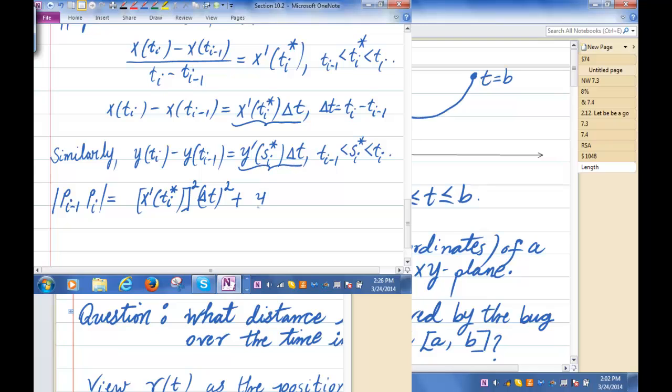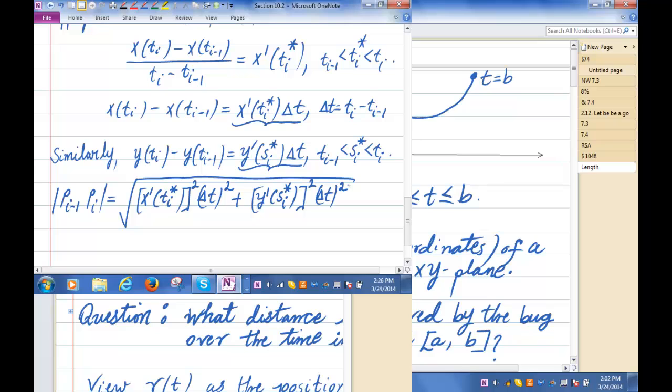So I get y prime of s i star, and I have to square that, times delta t, and I have to square it, and then I have to take the root. Everybody is okay with that? Is that making sense?